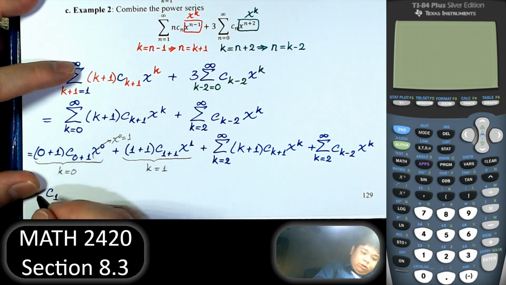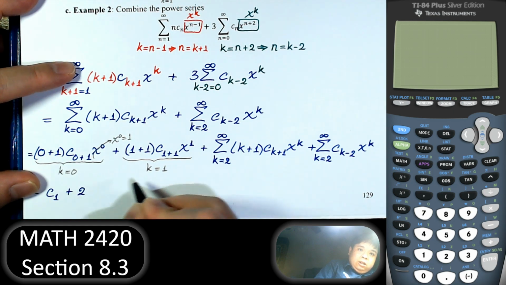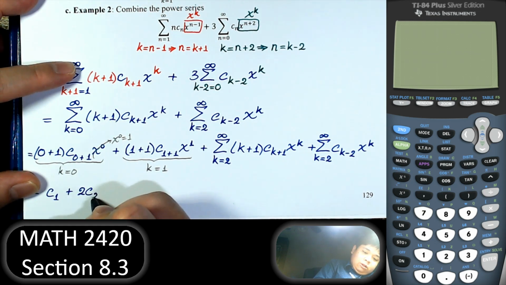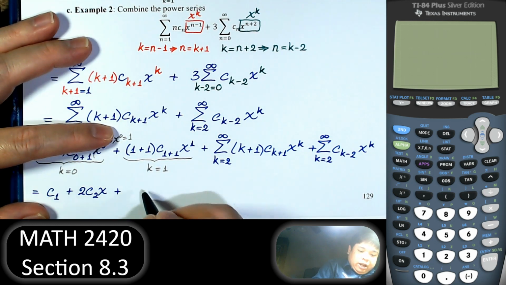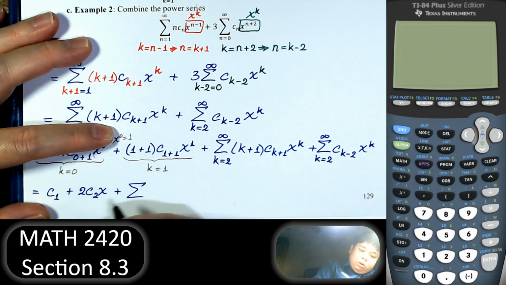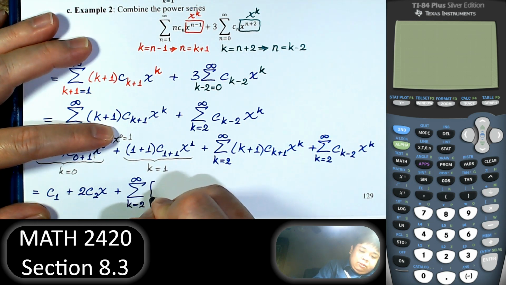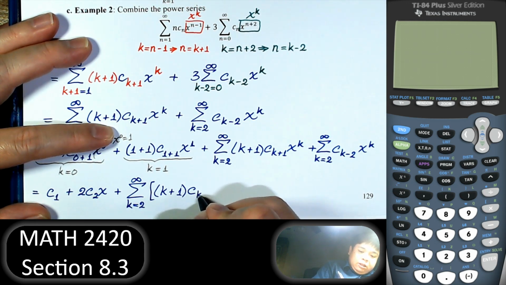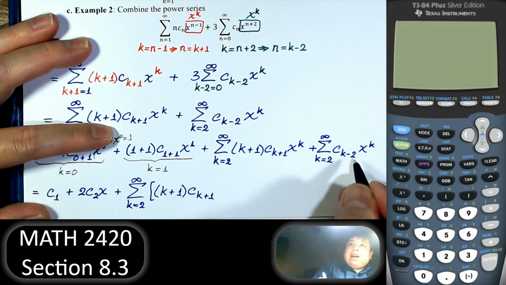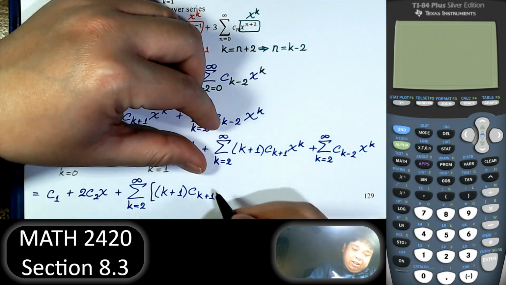And then we have 2, C of 2, x to the first, which is x. Now we can combine the power series. Both start from 2 to infinity. And then we have k plus 1, C of k plus 1. I can factor out x to the k because both of them have it.